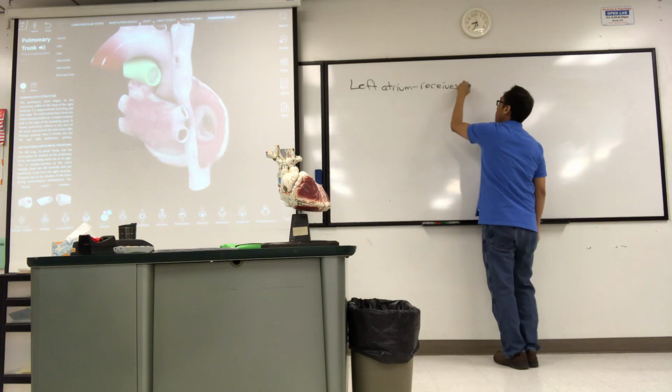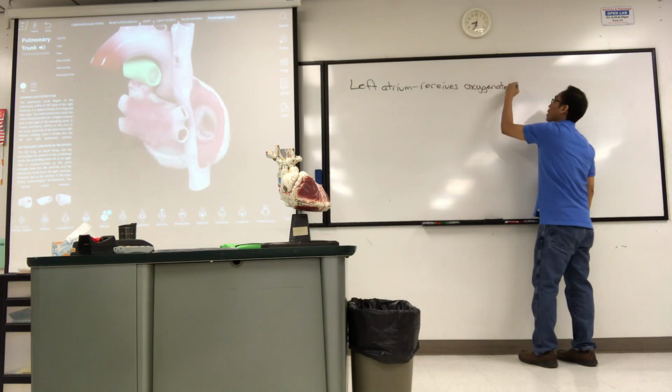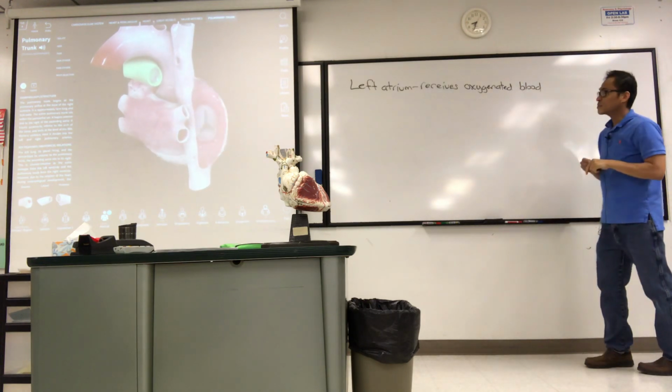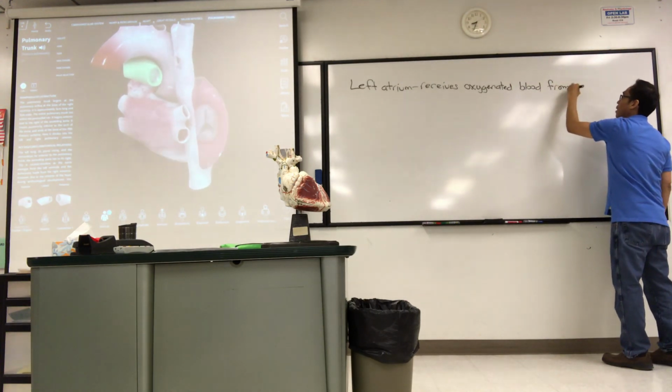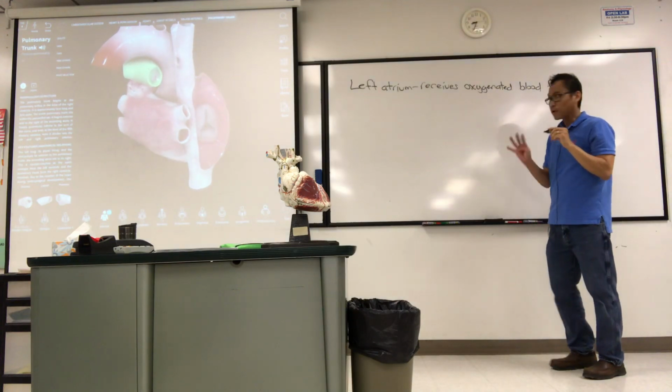Left atrium receives oxygenated blood from 2 left, 2 right pulmonary veins, 4 altogether.